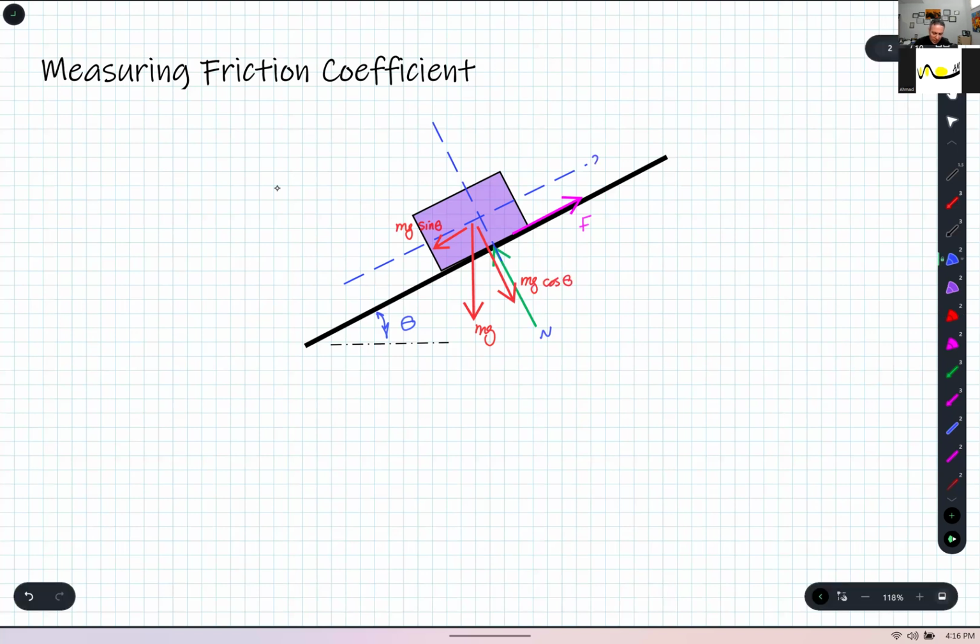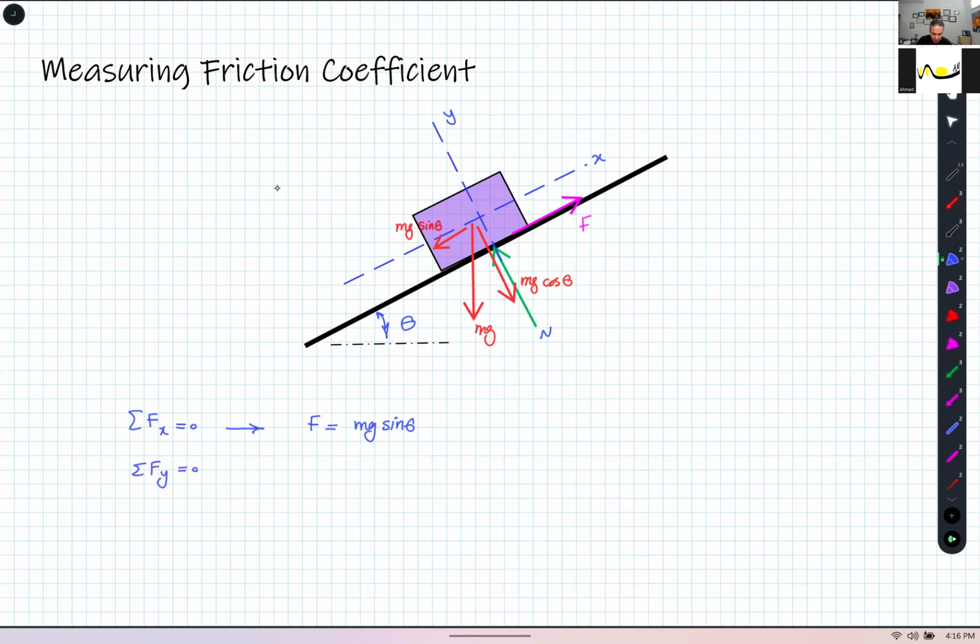If I call this direction x and this direction y, the sum of all the forces in x is equal to 0, then F must be equal to mg sine theta, and the sum of all the forces in y is equal to 0, then N must be mg cosine theta. If I divide these two relations, I get F divided by N equal to tangent theta.